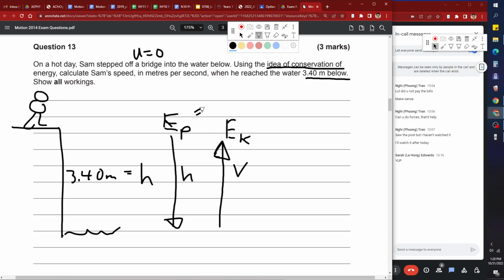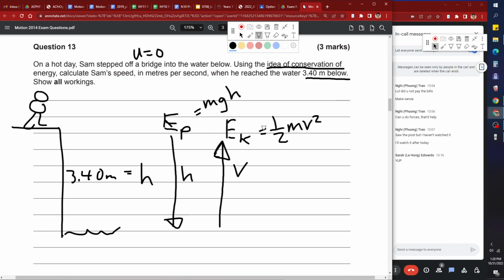So the equation for EP is mass times gravity times the height. So your weight force and then the height that you're from where you're going to land. And then the kinetic energy is 1/2 of mass times velocity squared.